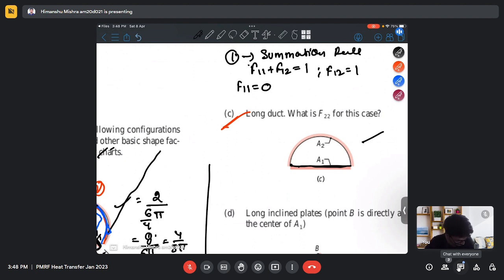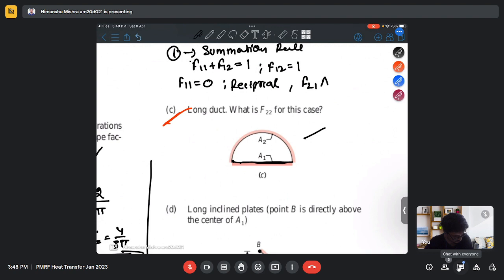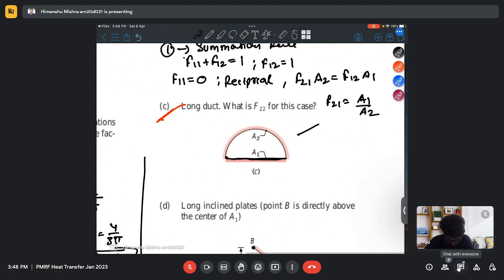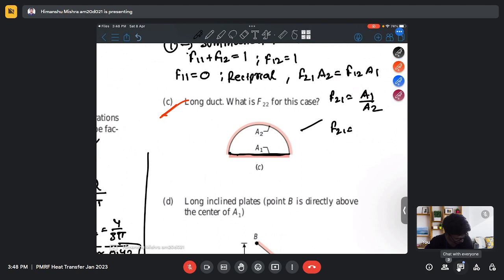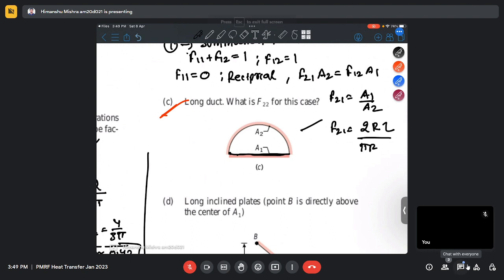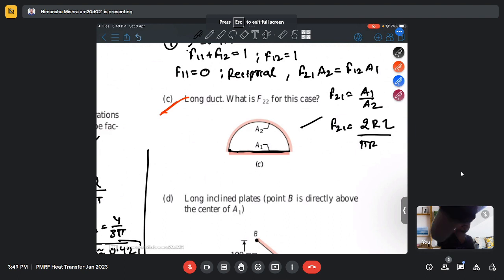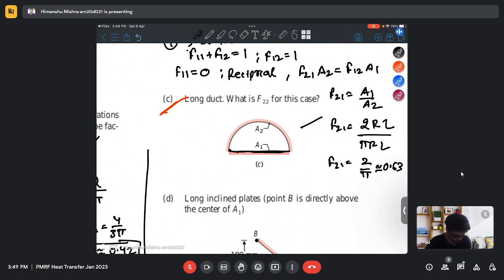So by reciprocal theorem, this is my shape factor which is 0.63, and we can also find the shape factor F22 by summation rule at surface 2.